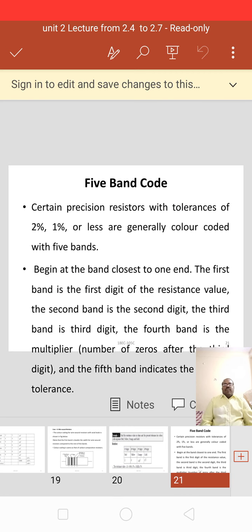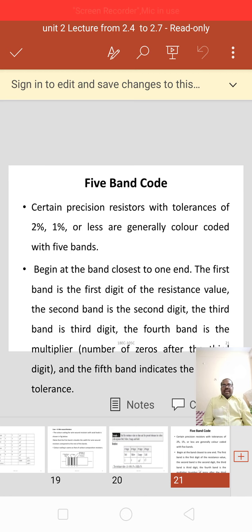Next one, 5 band code. Certain precision resistors with tolerance of plus or minus 2%, plus or minus 1% or less are generally color coded with 5 bands. Begin at the band closest to one end.